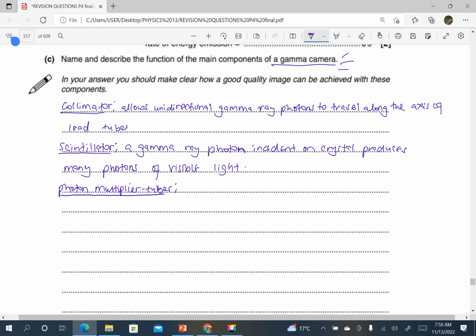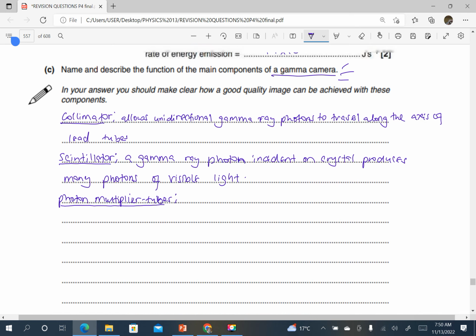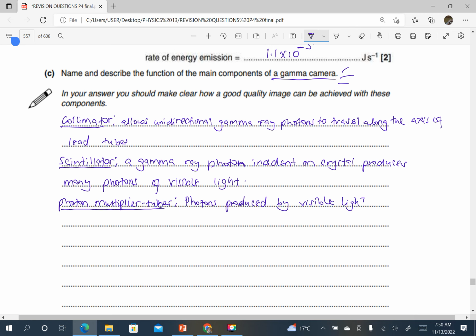The photons could be very faint and may need amplification. So the photons produced as visible light are very faint.